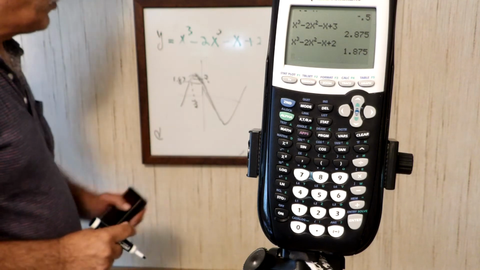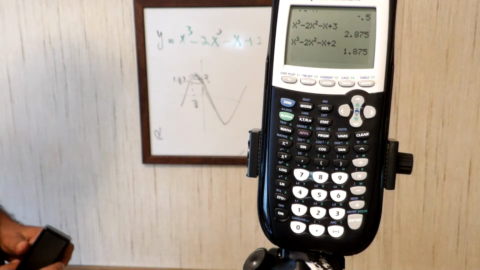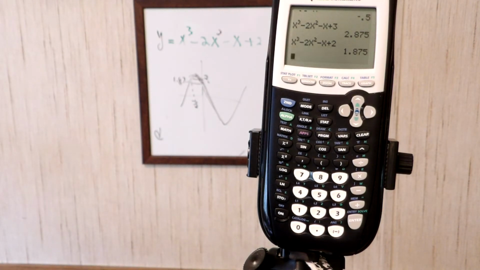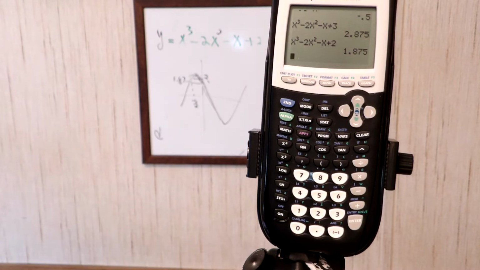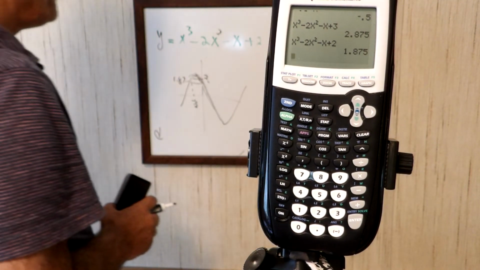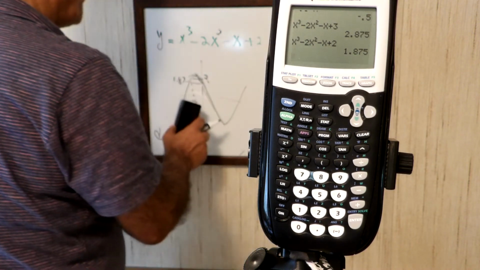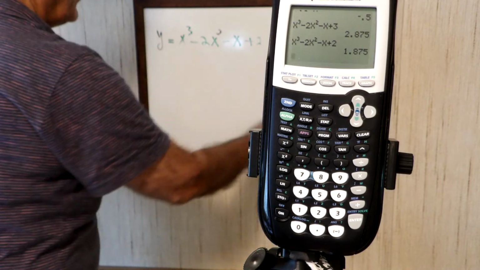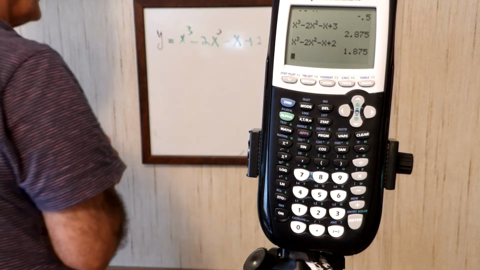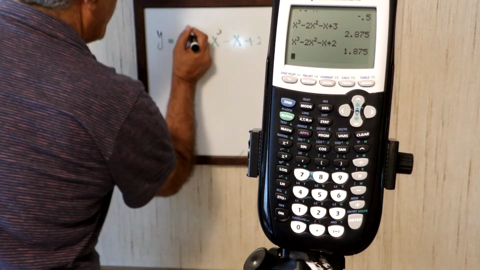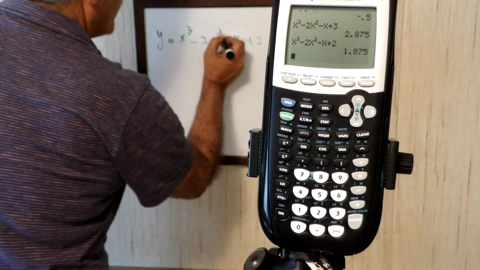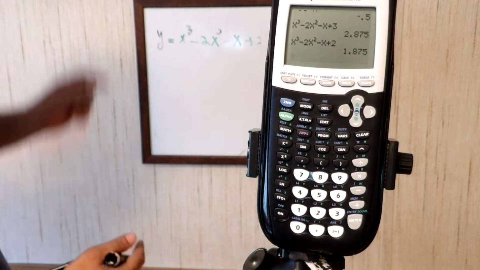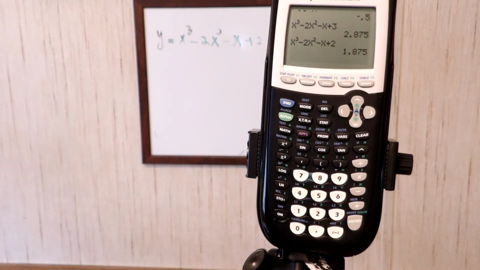So you can find any point with this method: you give the value for x and you find the value for y. That's the best way. When you see something like x to the power of 3, and this one is power of 1, but we don't write it, instead of just putting numbers in, you use the calculator.